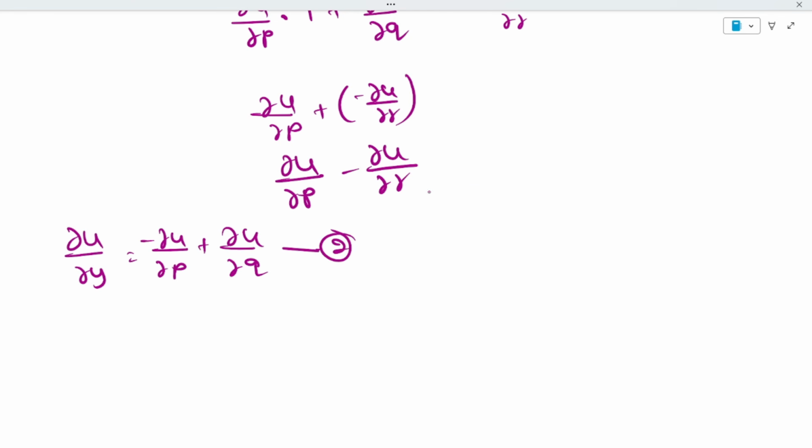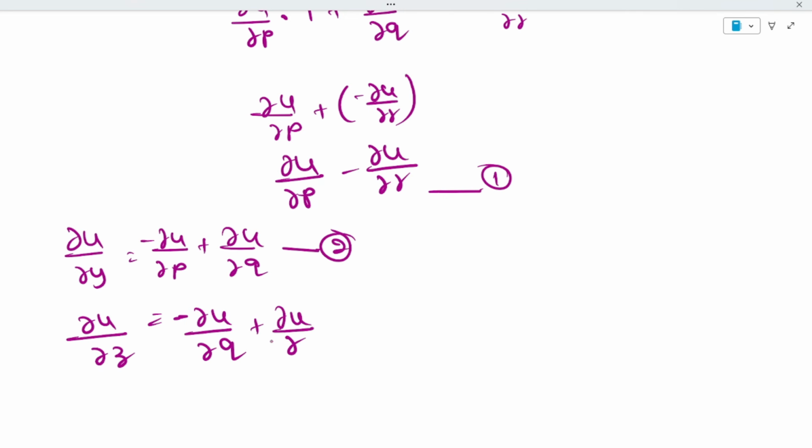You consider this as 2, this as 1, and with respect to z also you need to follow the same steps which I have done. Now for del u divided by del z, you differentiate with respect to z. That will give you minus del u divided by del q plus del u divided by del r. This you consider as 3.